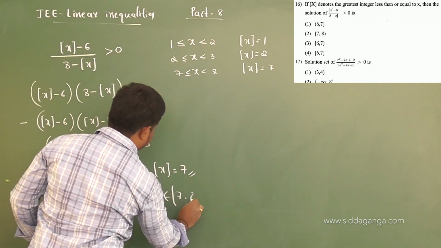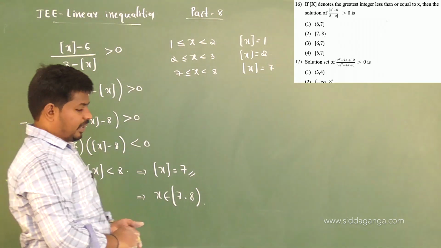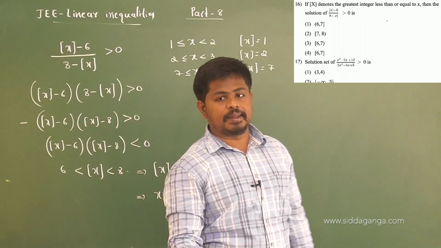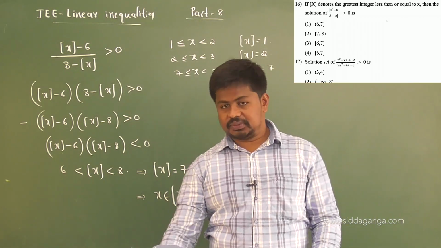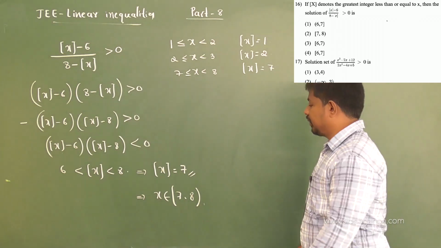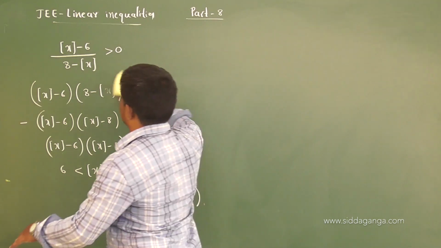So here 7 to 8, including 7, not including 8, excluding 8. So the second option is the correct one. A semi-open interval 7 to 8, including 7, excluding 8.